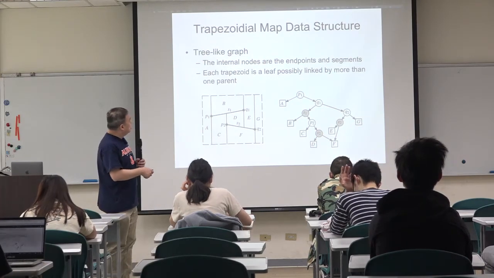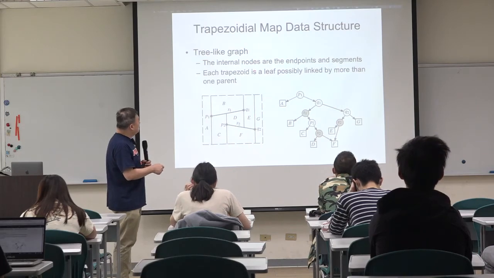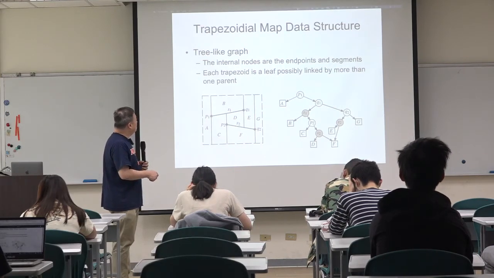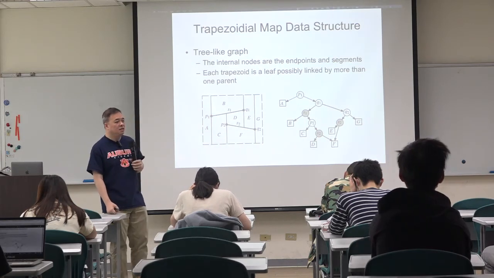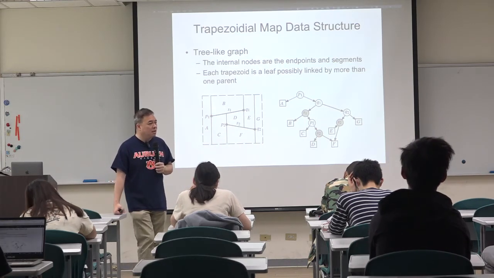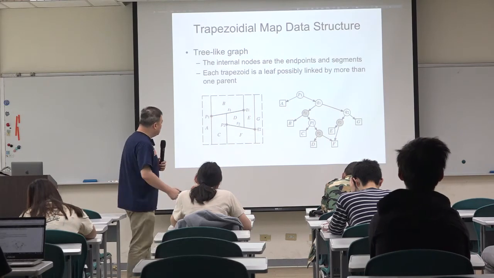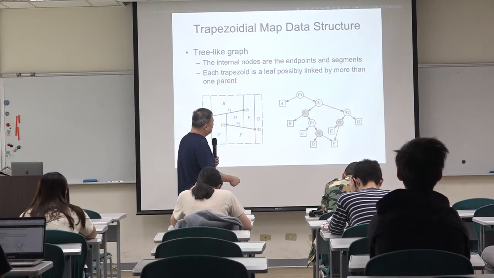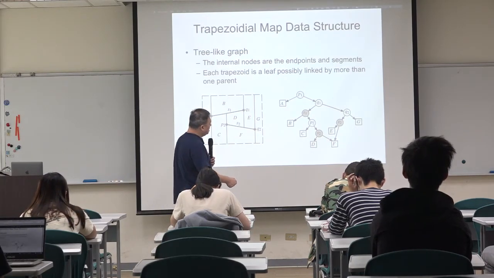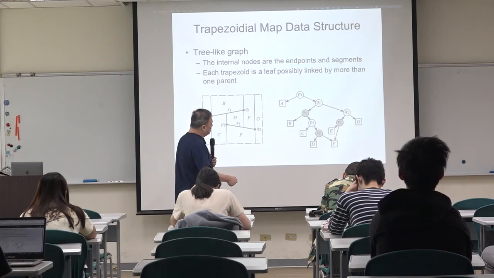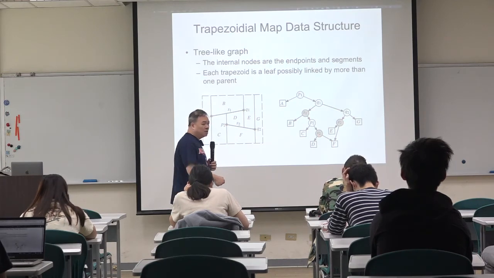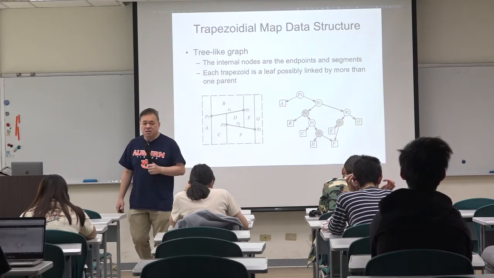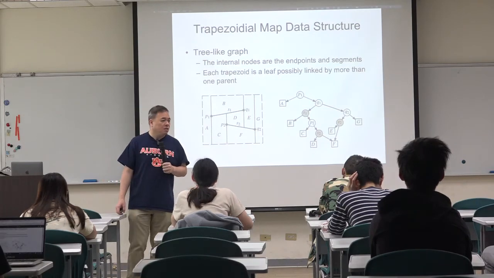This is a very special data structure. You can see that, is it a tree? This is not a tree, because at least you can see this leaf node F is pointed to by two internal nodes, right? Which is not possible in a tree data structure.